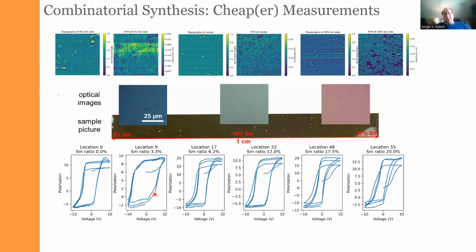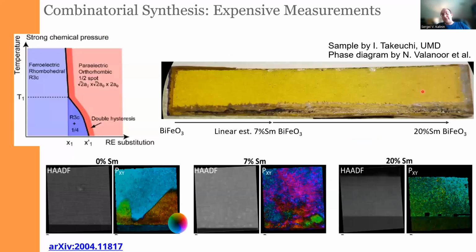Or I can use the AFM to do the hysteresis loop measurements and also see that the hysteresis loops change. And then a very interesting question becomes whether I can use the results of the fast measurements like AFM topography or piezo response signal or hysteresis loop measurements in order to help me select locations for the electron microscopy measurements.